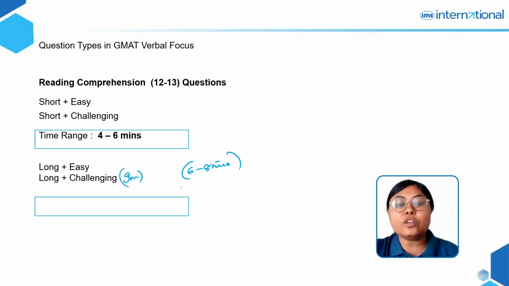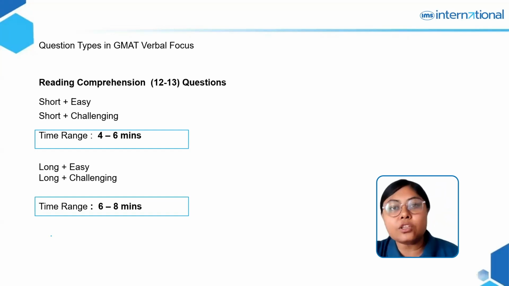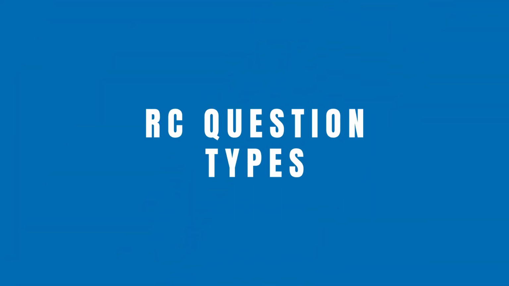So I look at a range of 6 to 8 as an approximation, whereas a very easy one you can wrap up within 6 minutes. Based on this, a time range of 6 to 8.5, 9 minutes would make sense. So that's the average time we are looking at. Now, for example, I just want to highlight something.